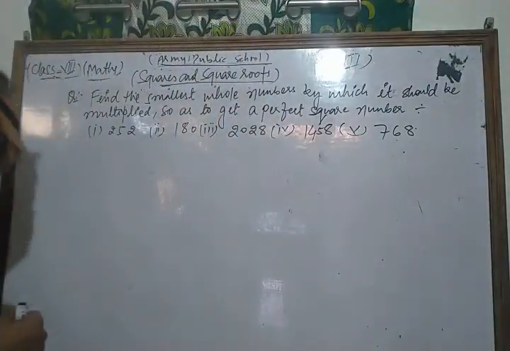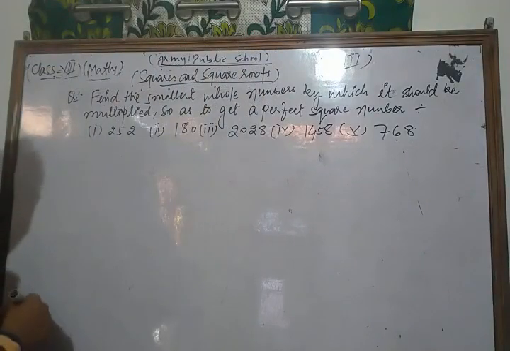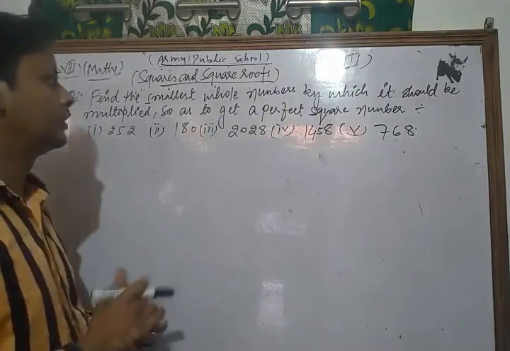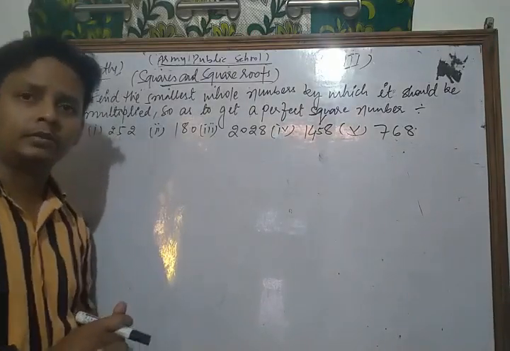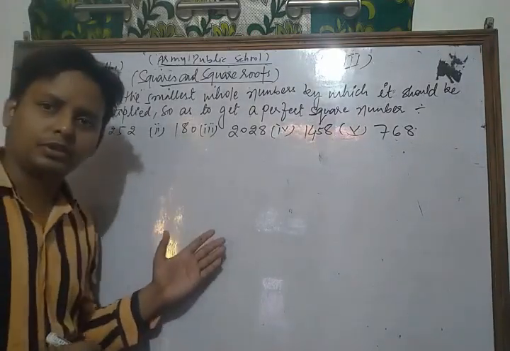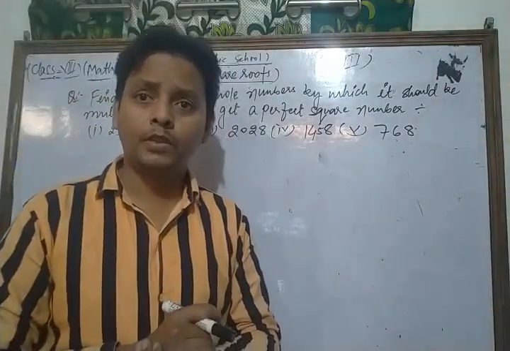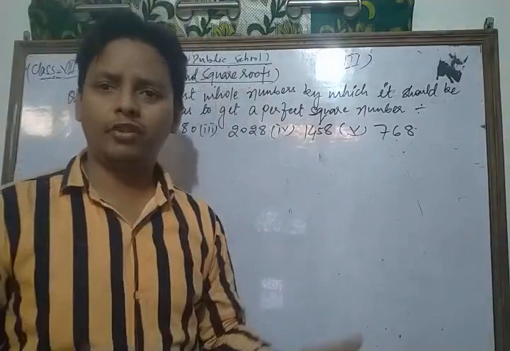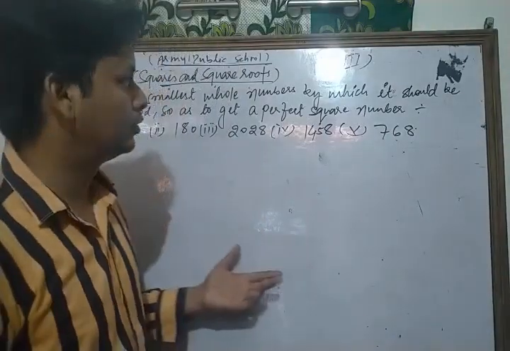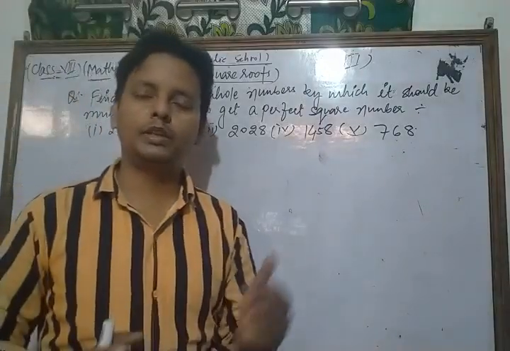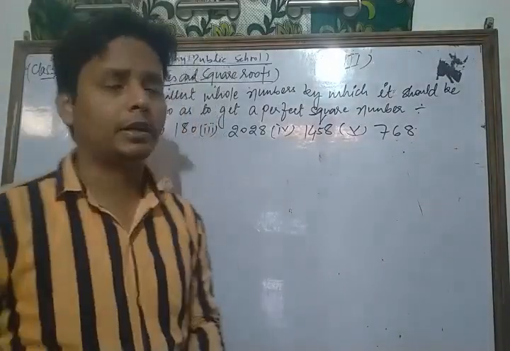In that question we find the smallest whole number by which it should be multiplied so as to get a perfect square number. So in that type of question, first of all we do their prime factorization. After that we can find which number should be multiplied to get a perfect square number.